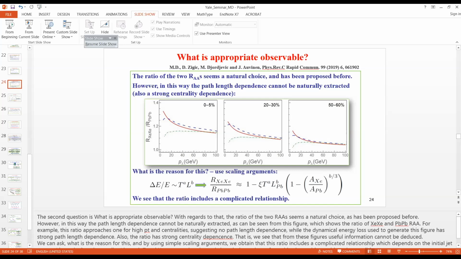Basically, we now started using this 1 minus RAA also for comparing it with V2, and we found that V2 and 1 minus RAA are proportional to each other, and they carry information about the eccentricity of the system. That is one of the papers I didn't have time to present here today, but if you're interested, it is available on the arXiv.